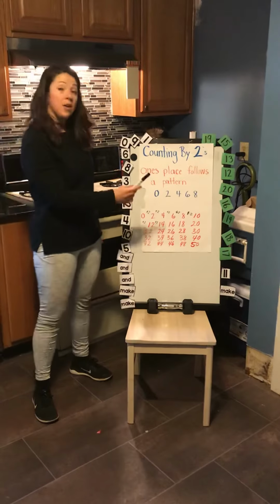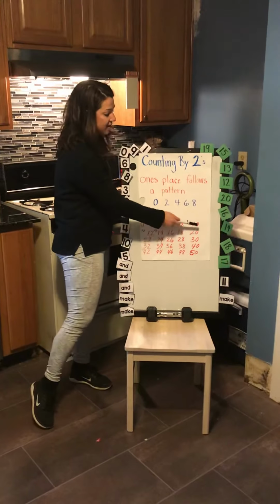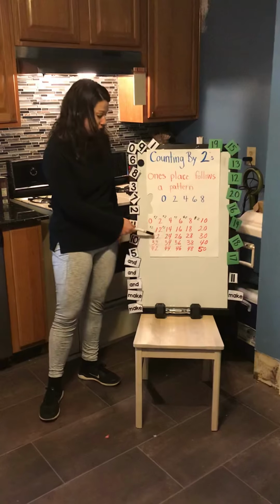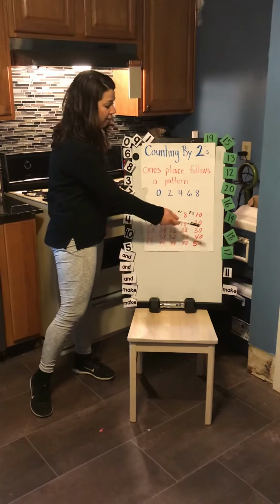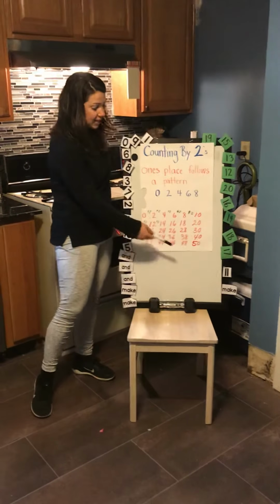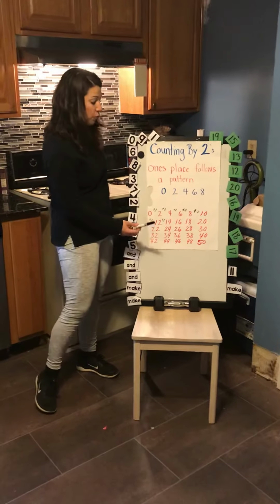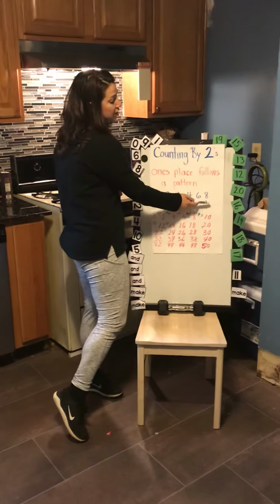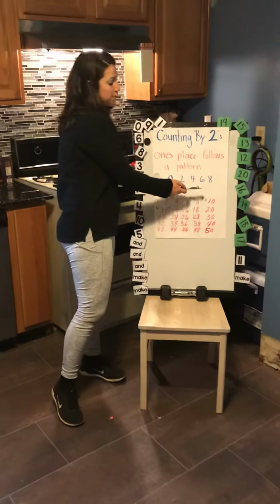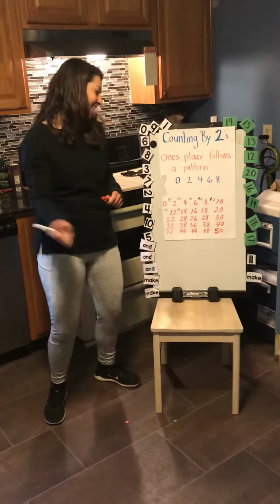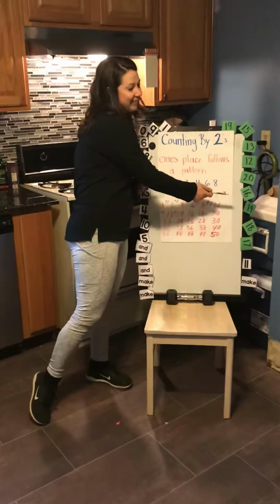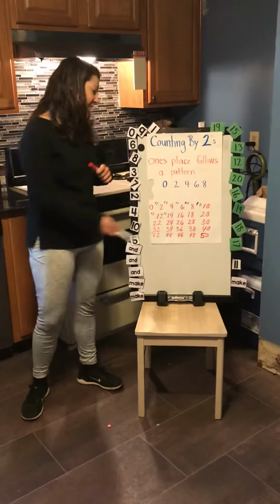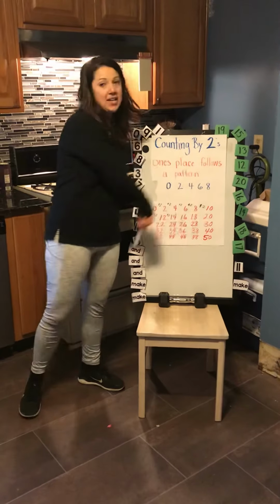All right, here we go. 2, 4, 6, 8, 10, 12, 14, 16, 18, 20, 22, 24, 26, 28, 30, 32, 34, 36, 38, 40, 42, 44, 46, 48, 50, 52, 54, 56, 58, 60, 62, 64, 66, 68, 70, 72, 74, 76, 78, 80, 82, 84, 86, 88, 90, 92, 94, 96, 98, 100.